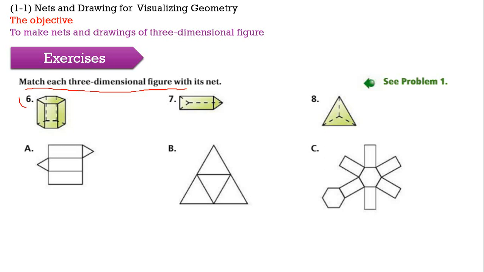So question 6 goes with C. Question 7: if you look at this, again the top and the bottom are triangles, with all the faces around them being rectangles. So question 7 goes with A. Once you fold this shape, you will get this one. That's A.